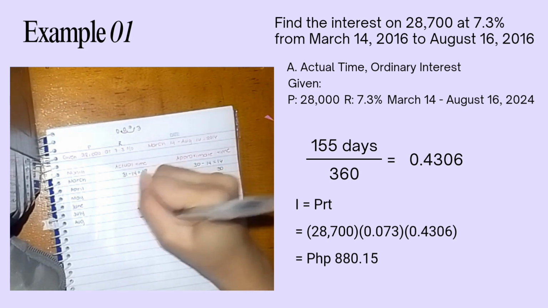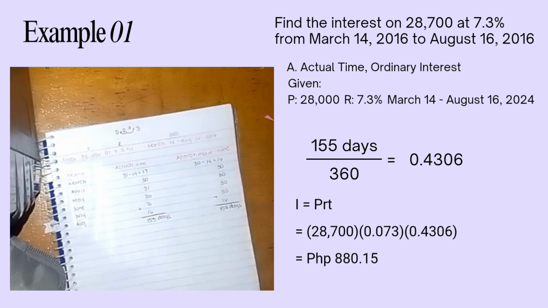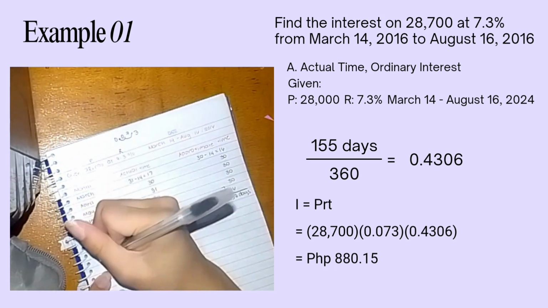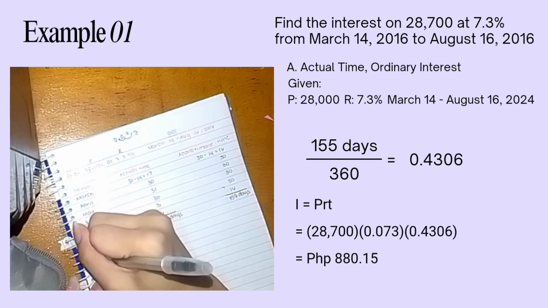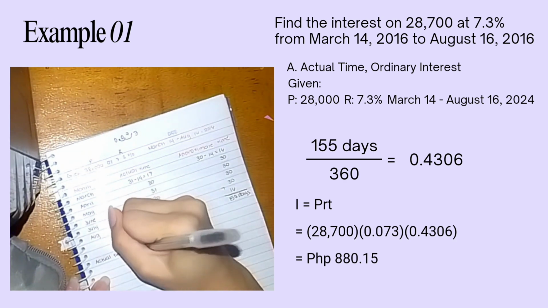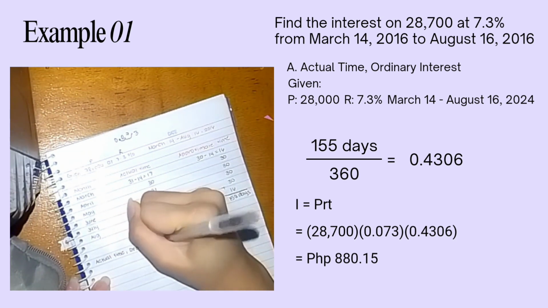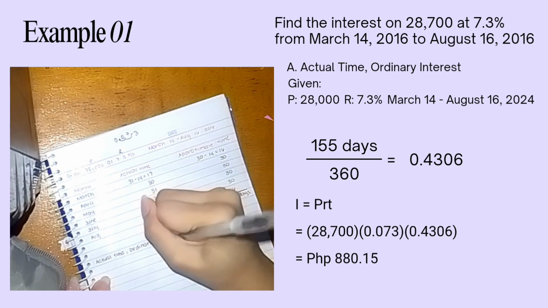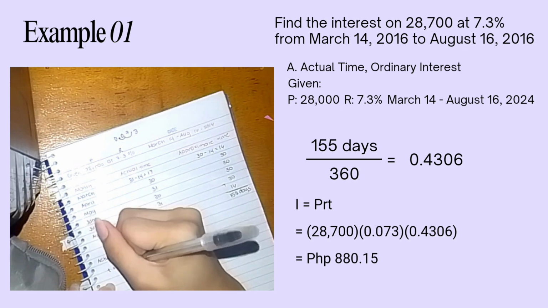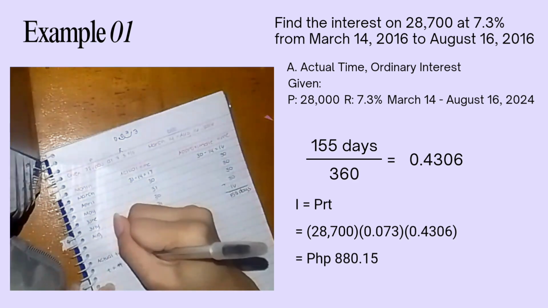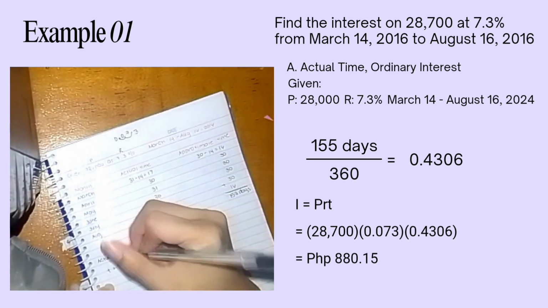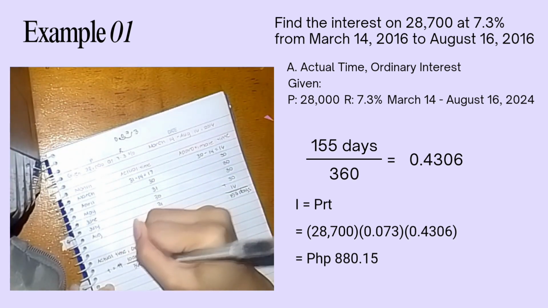The actual time is 155 days. We are given actual time and ordinary interest. Time is equal to the number of loan days divided by the ordinary interest denominator, which is 360 days.